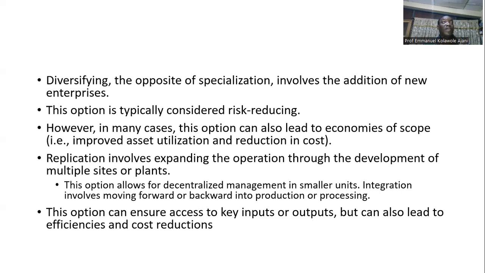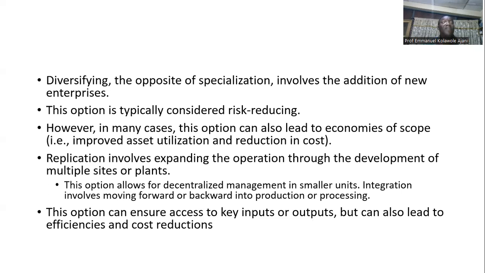Replication is another alternative for growth. Replication involves expanding the operation through the development of multiple sites or plants, taking more land. This option allows for decentralized management in smaller units.